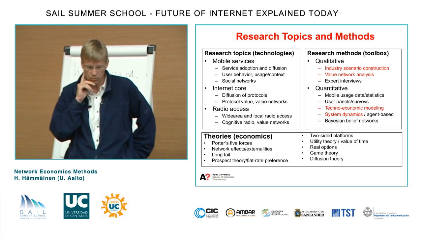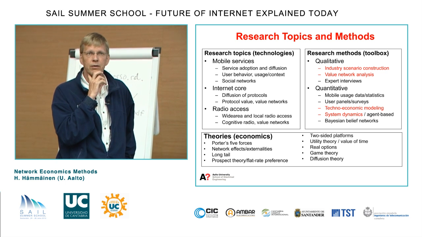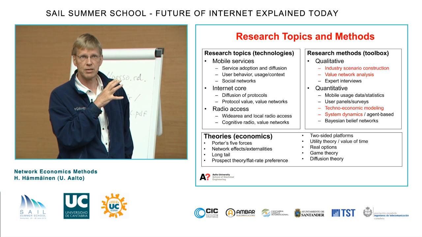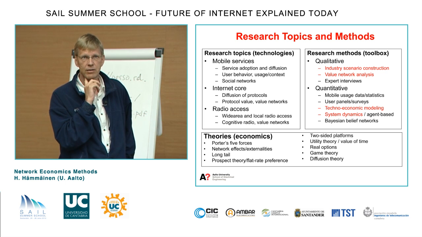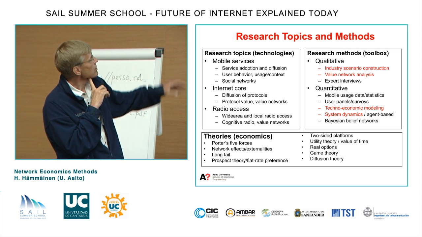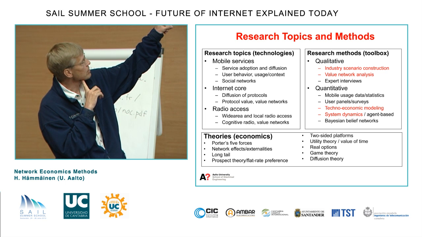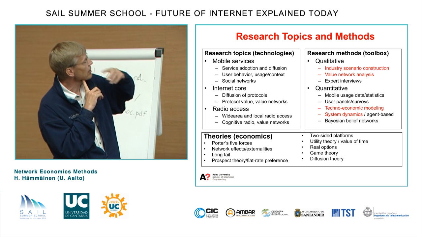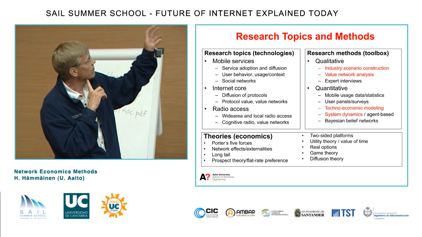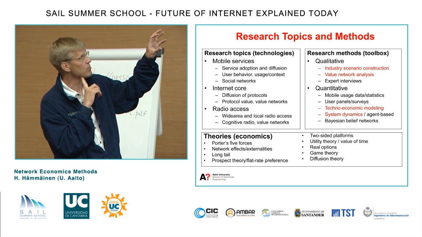So this is more or less, I'm actually using this slide to describe the research of my team. Here I'm using this slide slightly modified as the list of contents for my talk. You can see on the left-hand side the research topics based on technologies. There are people in my techno-economic or network economics research team who have a software background, mobile services, some software and computer science background.